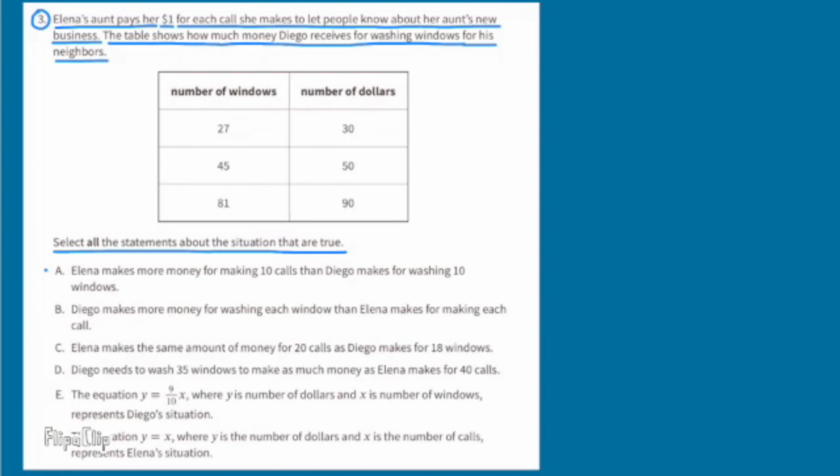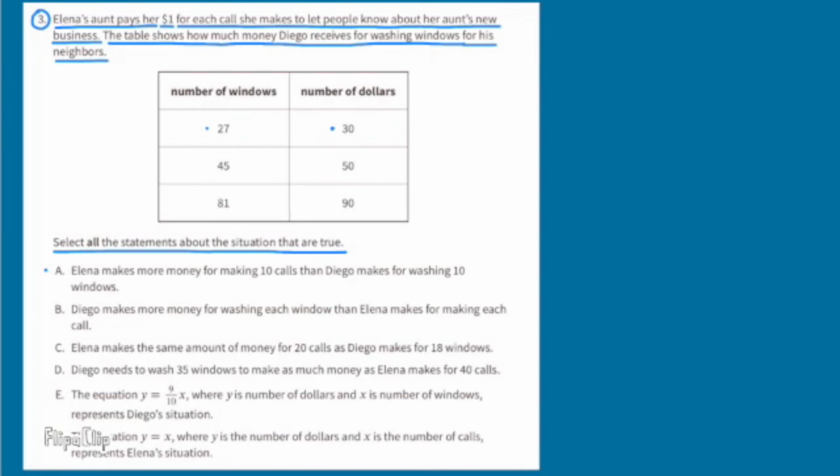A. Elena makes more money for making 10 calls than Diego makes for washing 10 windows. Well, I know that Elena would make $10 for making 10 calls. Now let's look at the chart to see how much Diego makes washing windows. The column on the left shows the number of windows and the column on the right shows the number of dollars.